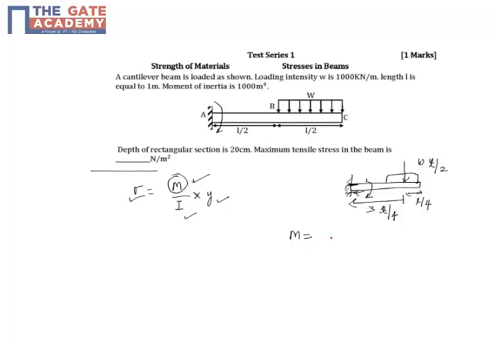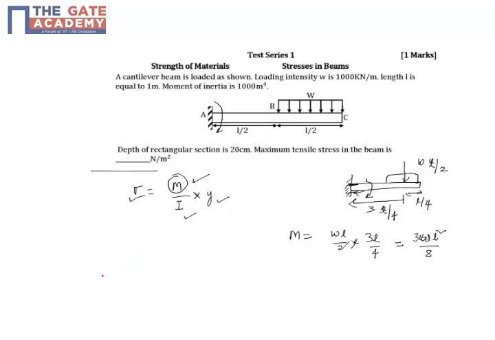So the moment produced by this distributed loading is this concentrated load into the distance from the fixed end, which is basically 3WL square by 8. That is the moment produced at the fixed end.